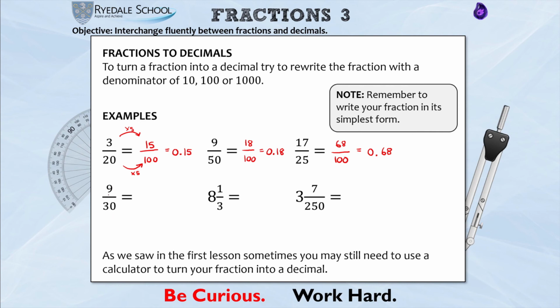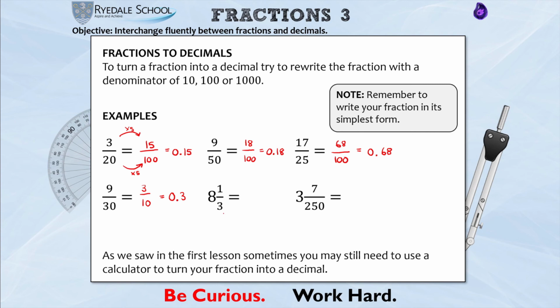I can divide both of these by 3. So that is the same as 3/10. That is a decimal that I do know. 0.3. So very important. Sometimes you might need to cancel the fraction in order to see how you can make the denominator 10, 100, or even 1,000.